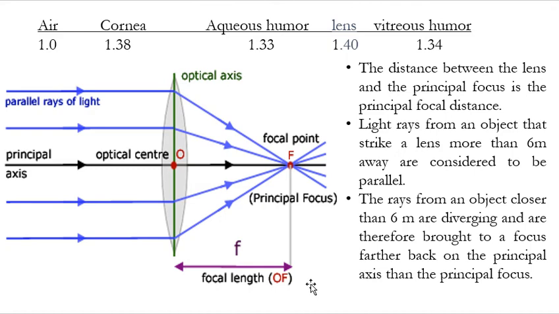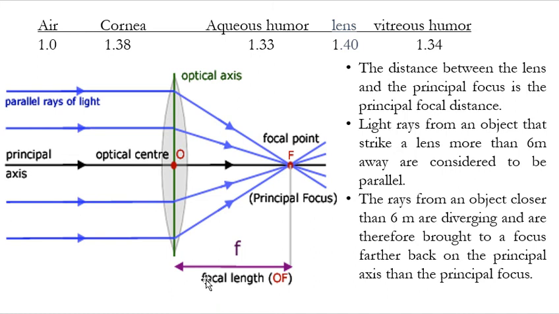Now, in order for us to appreciate, perhaps we should delve in on what we're talking about. Just take you back to your physics a little bit. So if we have a lens and we have oncoming rays of light, the lens will focus them at a focal point, capital F. The distance between the focal point and the center of the lens, which is known as the optical center, is known as the focal length, or F, or just a small f.